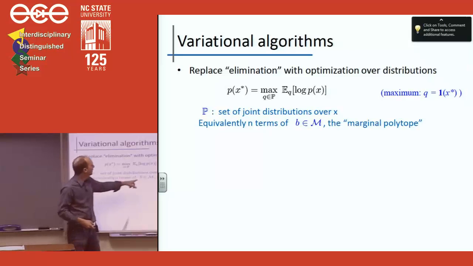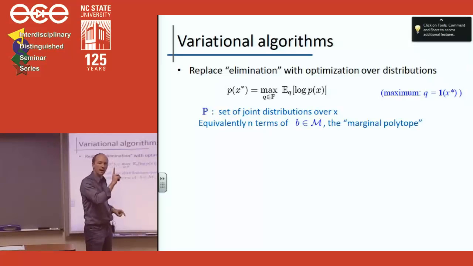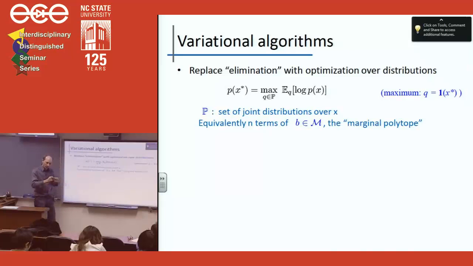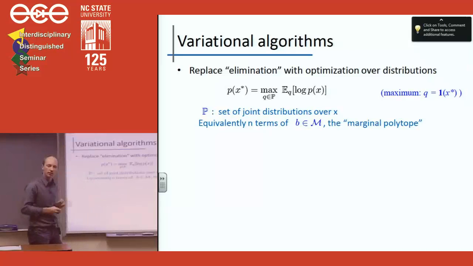Right? So if P of x has a single maximum, then the distribution that will maximize this thing will just be a delta function on that point. And so really this hasn't changed anything about it, except instead of being a discrete optimization, now I can frame it as an optimization over distributions.